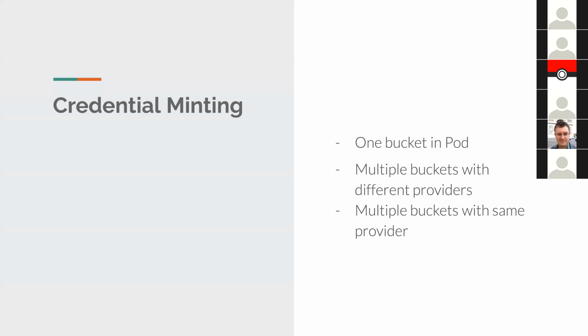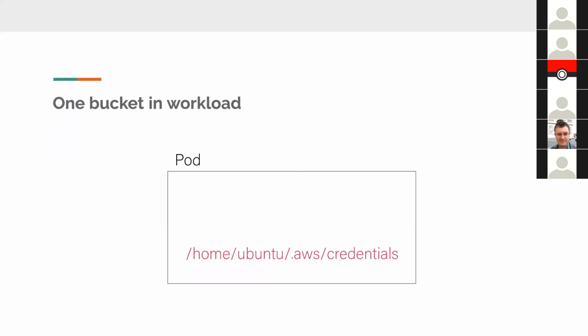If there is a workload that requests a single bucket, what happens is we can mint the credentials and we can put the credentials into the pod. Here I've taken the example of S3, and I've given the path for the credentials as home/ubuntu/.aws/credentials. Now, one of the things we said about this was the provisioner knows the name of the file.